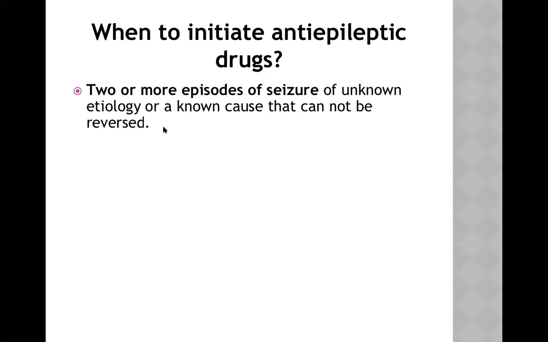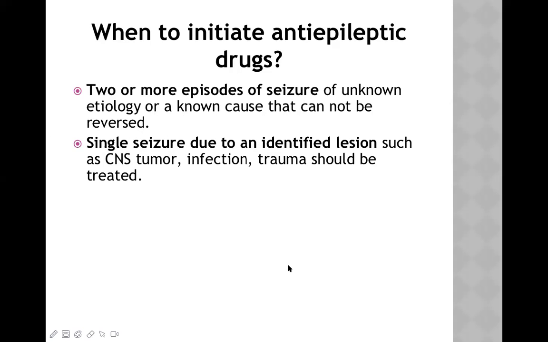So we need to use anti-epileptic drug to control it. Another point is single seizure due to an identified lesion like CNS tumor, infection, trauma should be treated. Even a single seizure with these identified lesions, anti-epileptic drug should be given.